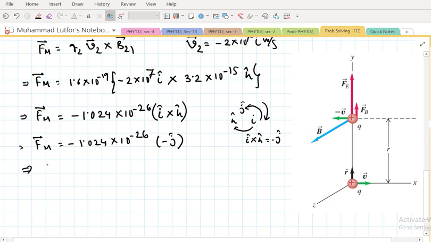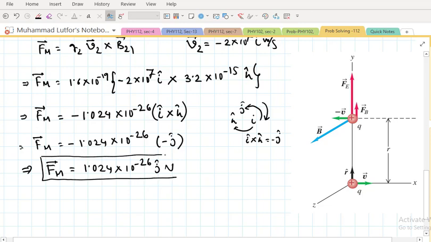And this minus is going to be plus. I'll find this Fm would be plus 1.024 into 10 to the power minus 26 j hat Newton.